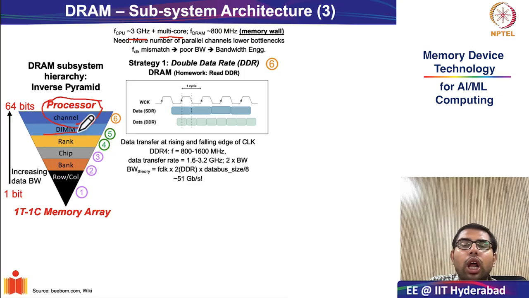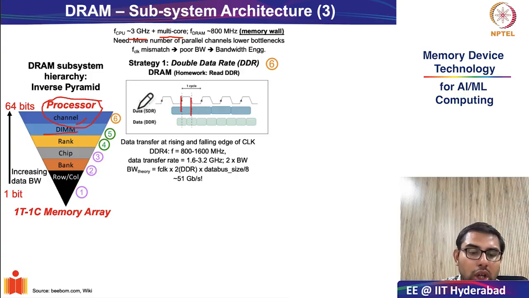Generally, whenever we have data communication in modern day systems, data is transferred one after the other on the rising or the falling edge of the clock. However, using this special concept of double data rate, you are able to send out data on the rising and on the falling edge of the clock.